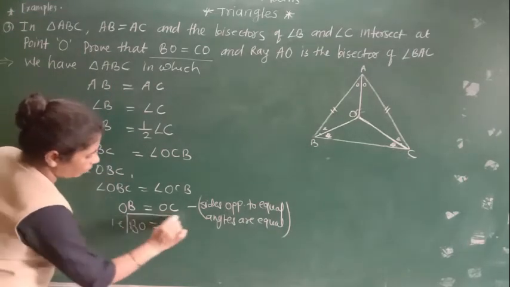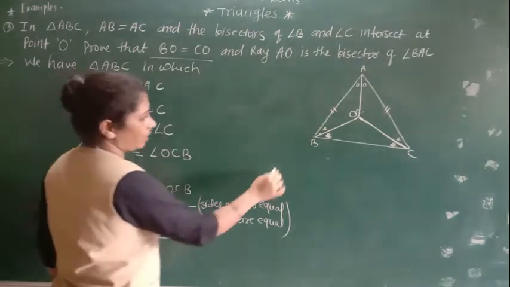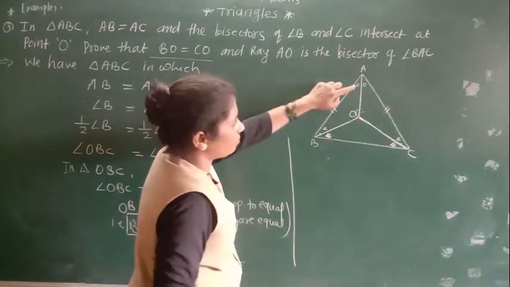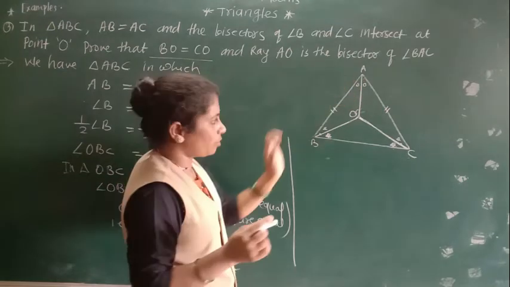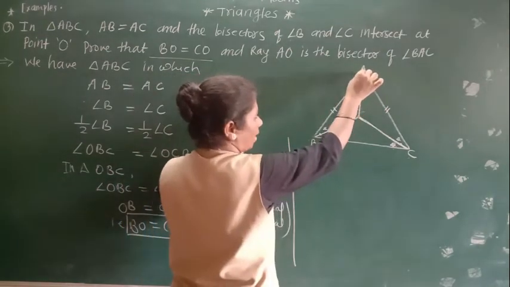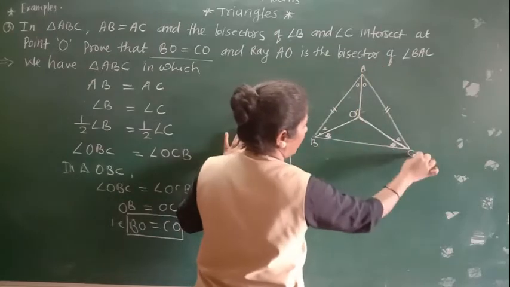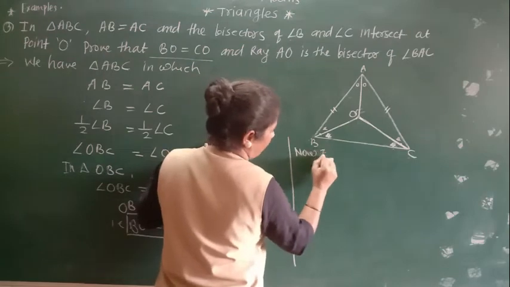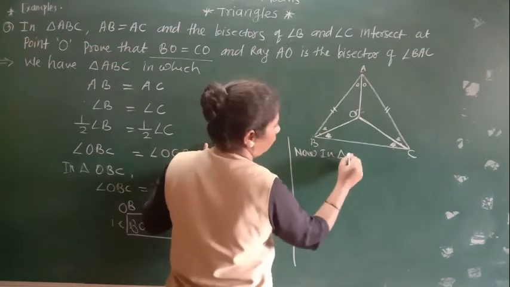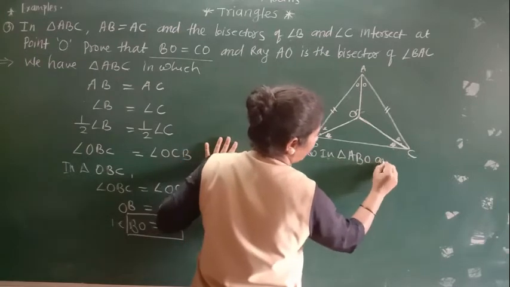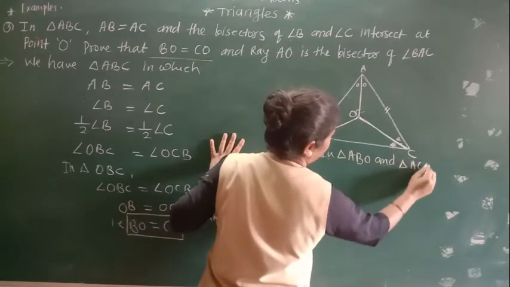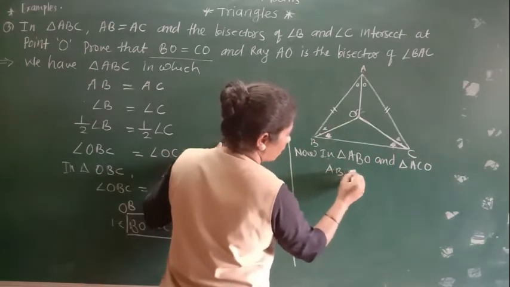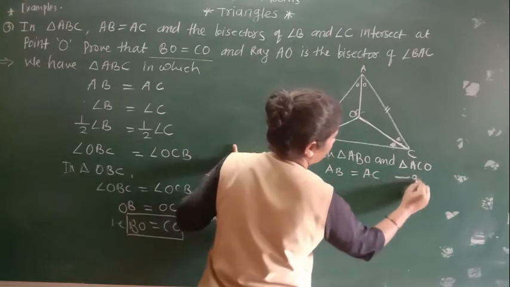It is the same. Okay, now next we will take these triangles, because we have to prove that AO is the bisector, meaning we have to show these two angles are the same. So which triangles will we take? Triangle ABO and triangle ACO. Now in triangle ABO and triangle ACO, already it is given AB equals AC, which is given for us.